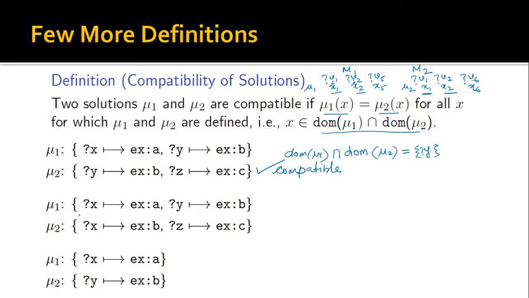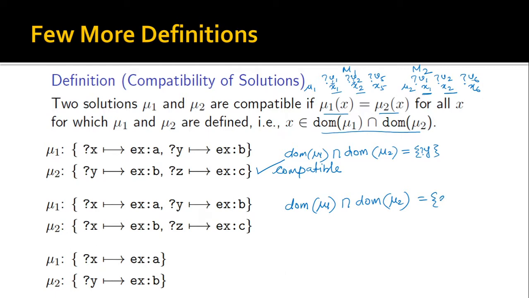Right. Now let us take the second pair. What would be the intersection of the domain of mu1 and the domain of mu2? So basically we have x, right?